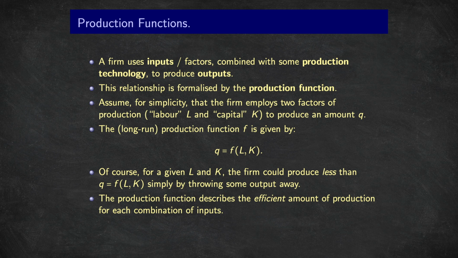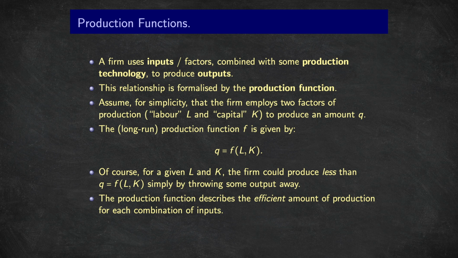So the long-run production function, which we'll denote by F, is as follows. Output Q is a function, the long-run production function F, when we plug in a certain amount of labour and a certain amount of capital. So for different levels of labour and different levels of capital, you get possibly different levels of output.